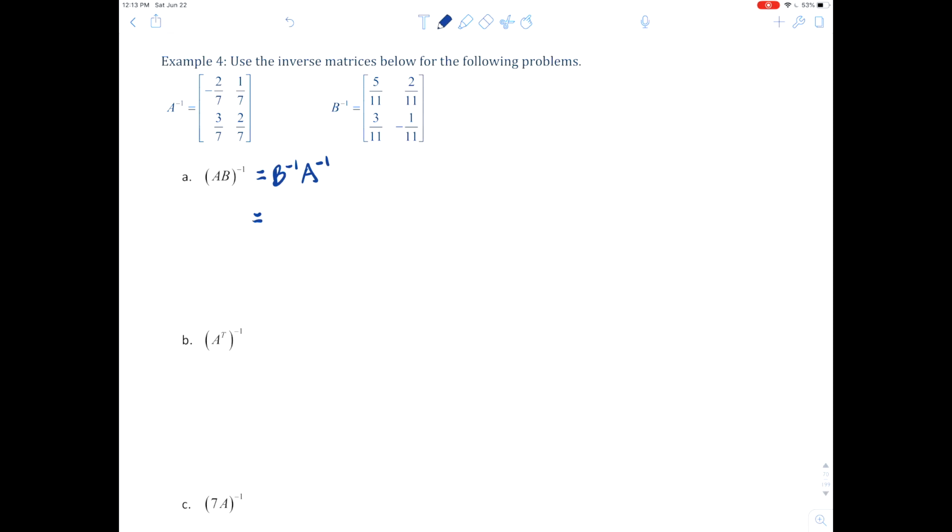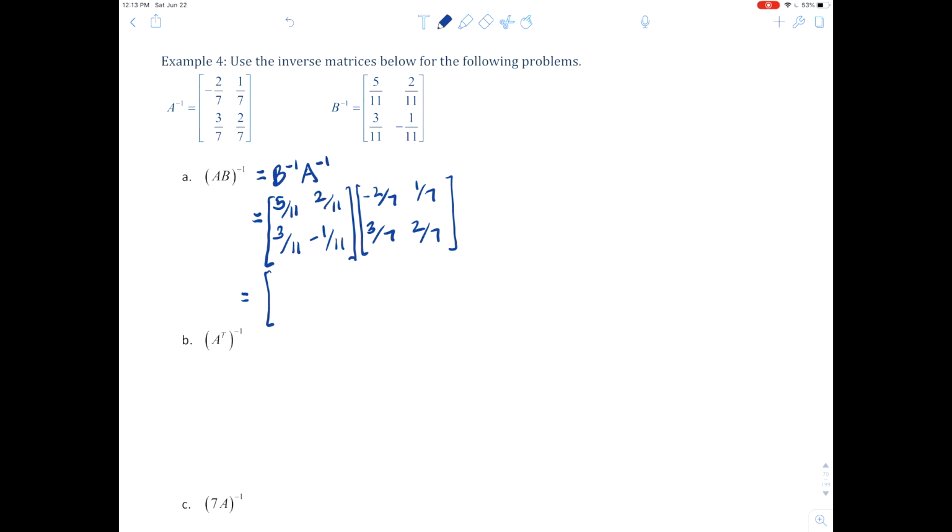So then now, let's see what we have going on. This is going to give us 5/11, 2/11, 3/11, and -1/11 times -2/7, 1/7, 3/7, and 2/7, which will equal, let's see what we get.